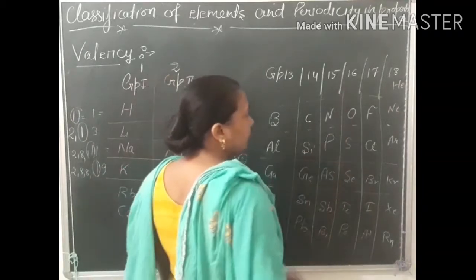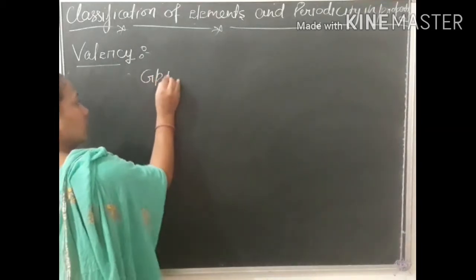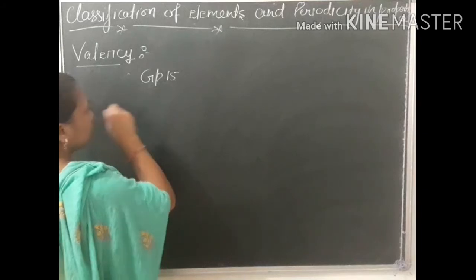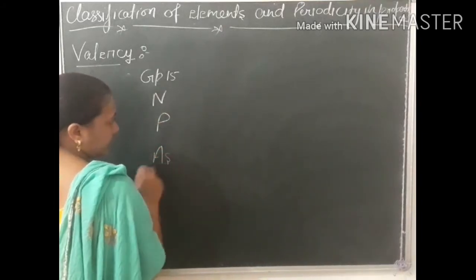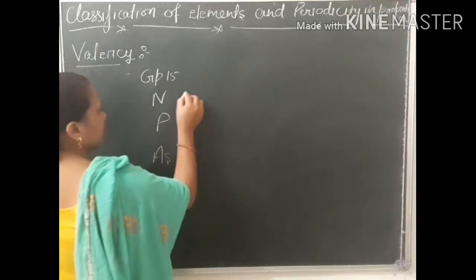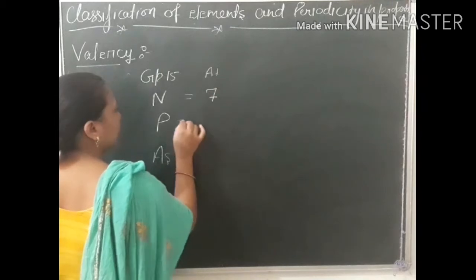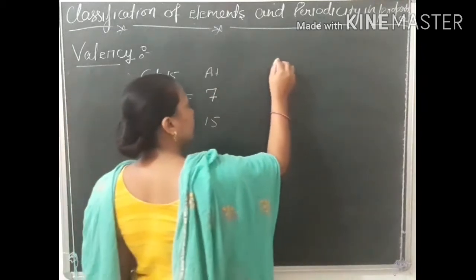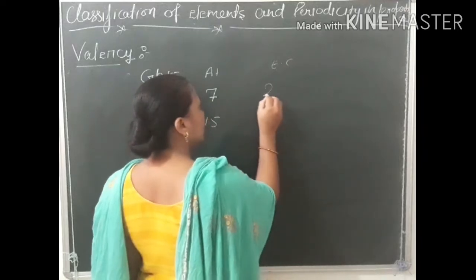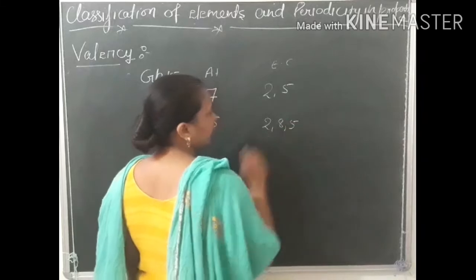But in case of group 15, nitrogen, phosphorus, arsenic, antimony and bismuth. Now the atomic number of nitrogen is 7 and phosphorus is 15. When we write the electronic configuration, we get 2, 5 and 2, 8, 5.